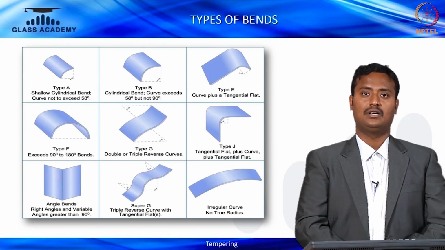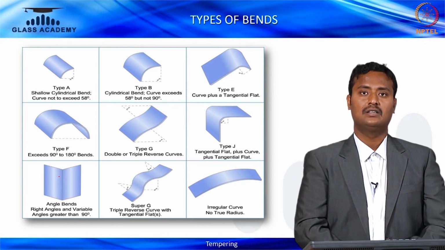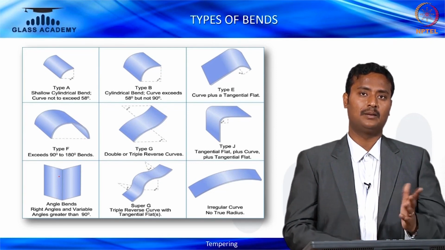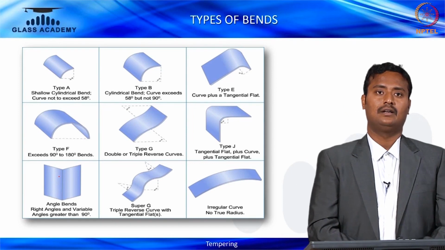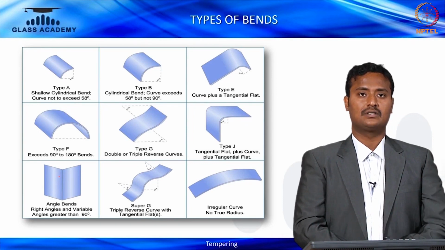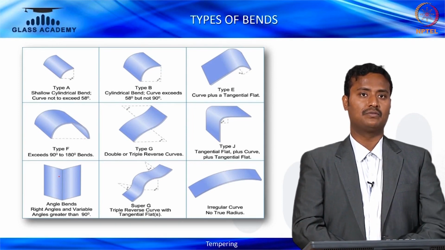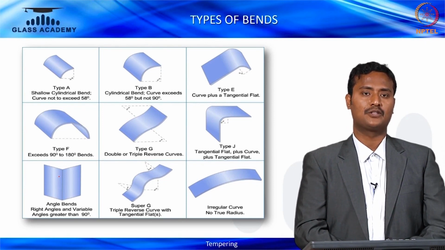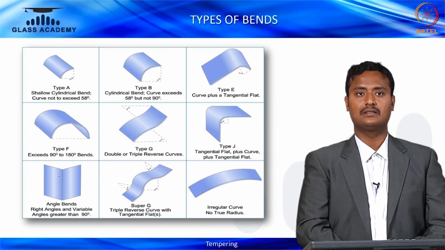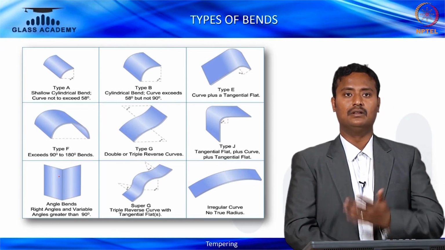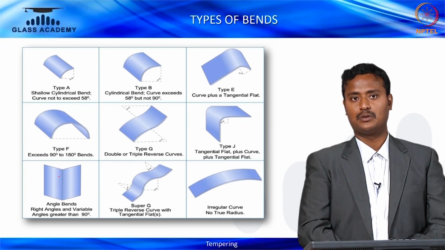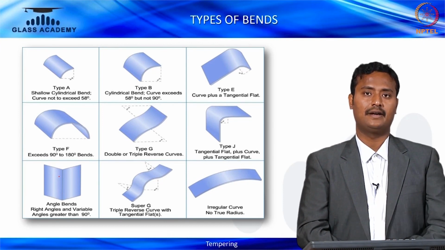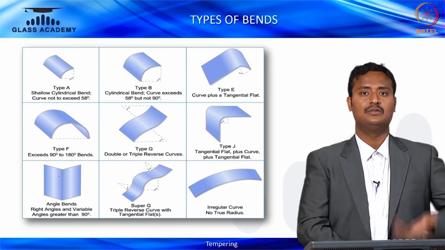Type J, tangential flat plus curve, is widely used for things like tabletops. And angle bends are used for bakeries and small stores: right angles, and variable angles greater than 90 degrees as well, and super G, followed by irregular curves based on your radius curve, which you can get.